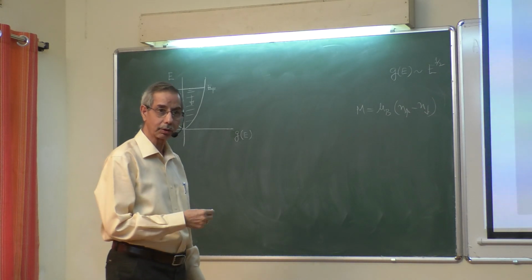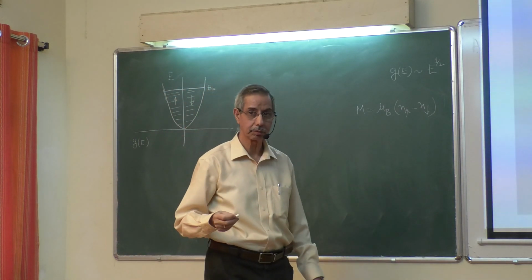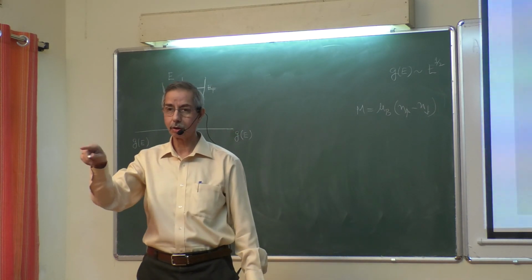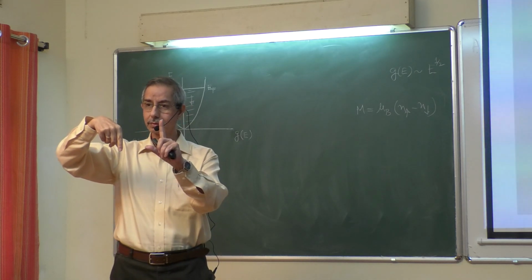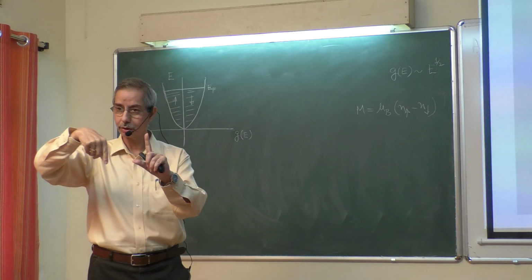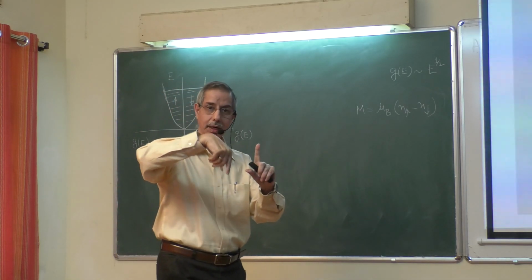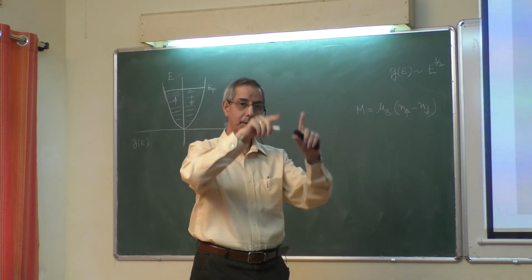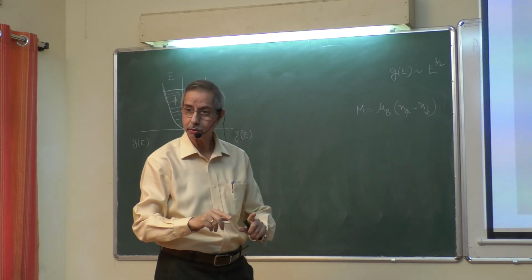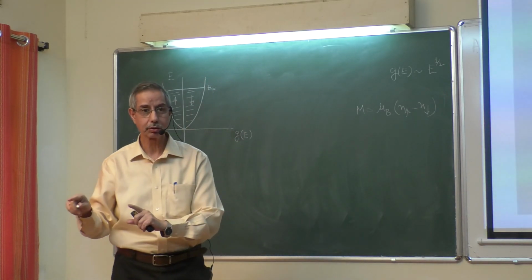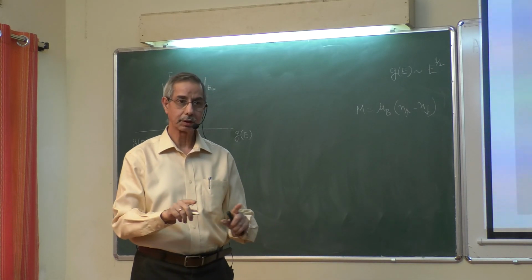But for an electron gas, in the absence of any external field, all the states are occupied by spin up and spin down, two electrons with spins antiparallel. So you have a spin up subband and a spin down subband, and the number of spins in the two subbands is the same.